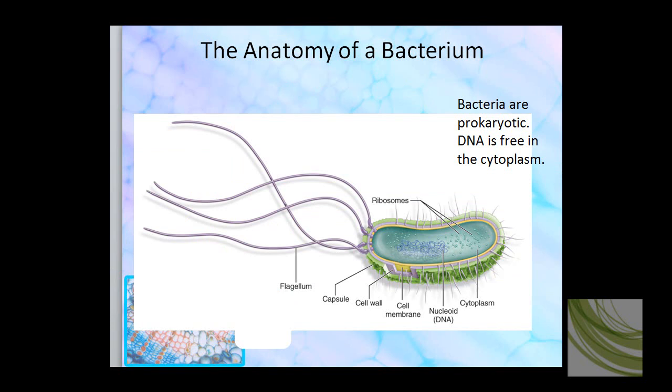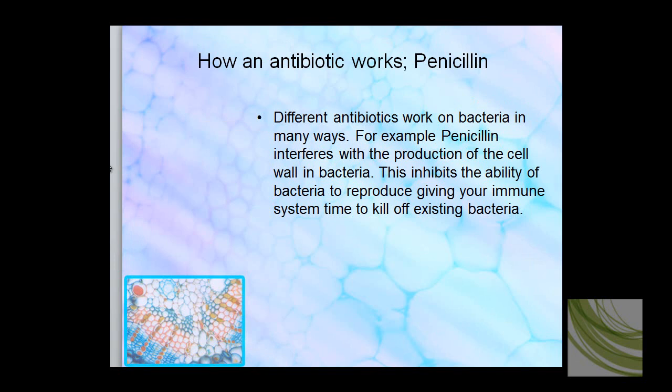Bacteria are prokaryotic. DNA is free in the cytoplasm. It's called basically a nucleoid area, just an area of the nucleus. Different antibiotics work on bacteria in many ways. Penicillin. When penicillin was invented, it was considered a miracle drug because it would rapidly cure diseases that previously caused death.